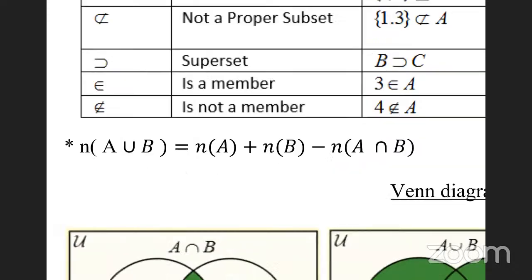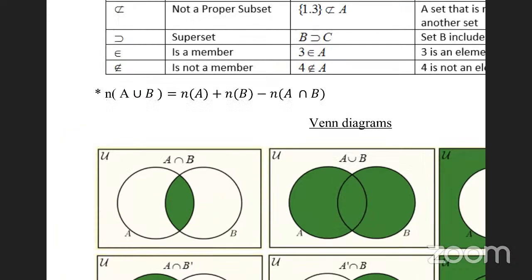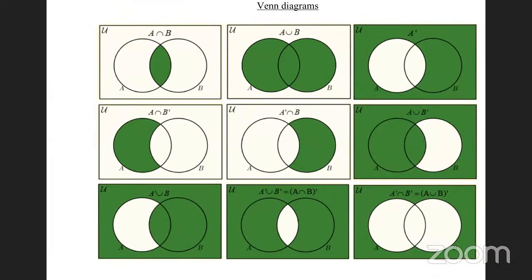Next, for Venn diagram. Venn diagrams are what you use to show sets, right? You need to remember that the number in union is the number in A plus number in B minus the number in intersection. Right? If you look at the set notation shaded here, A intersect B is this middle region here.